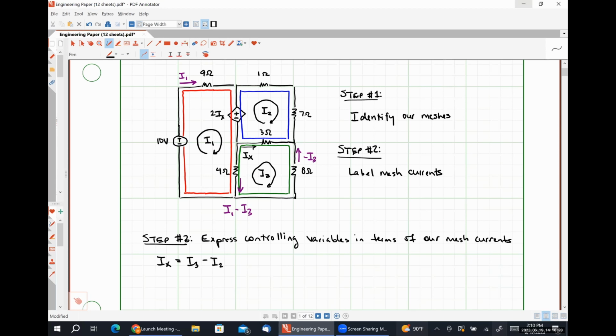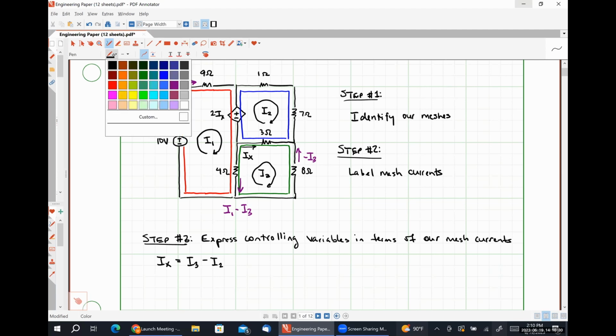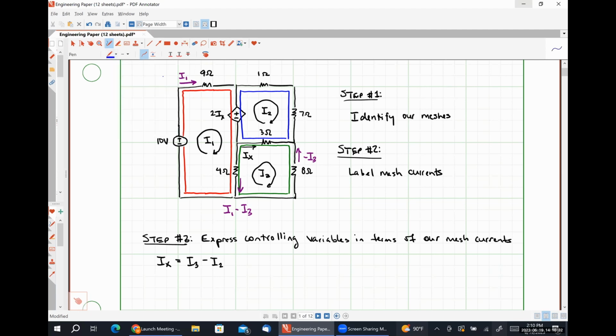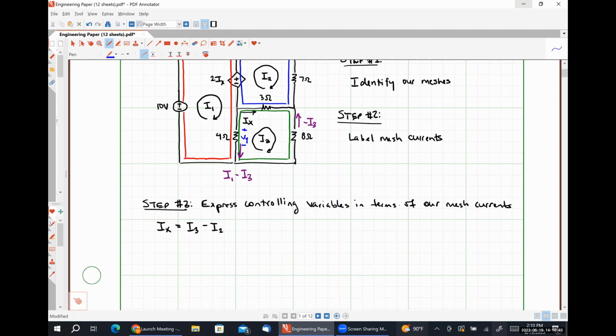Just for the sake of argument here, let's talk about how we might define a voltage as a controlling variable. So let's say that we wanted the voltage drop across our 4 ohm resistor, and it was labeled as the quantity Vy.